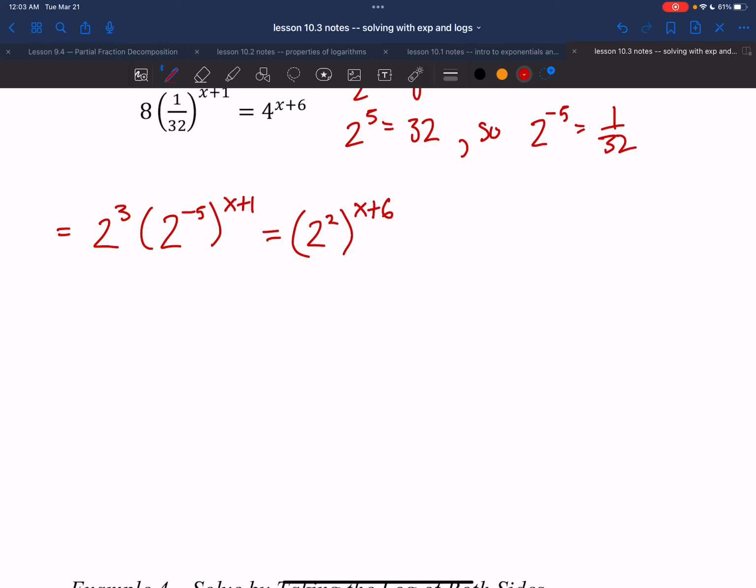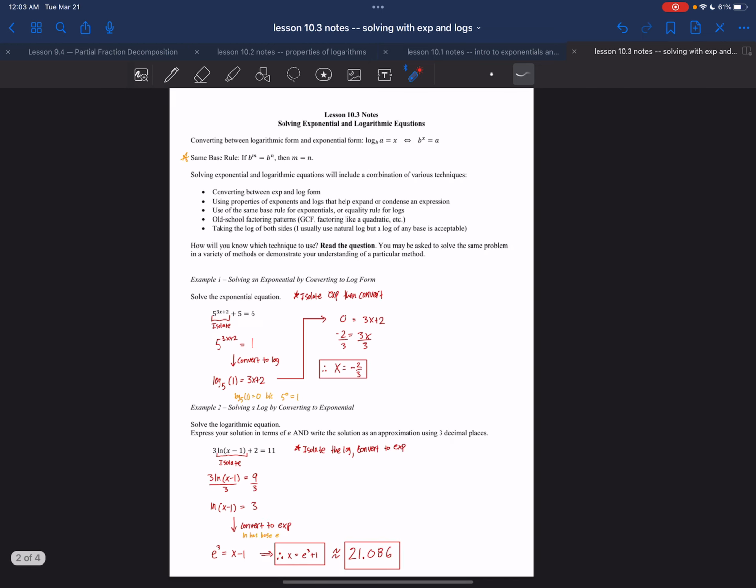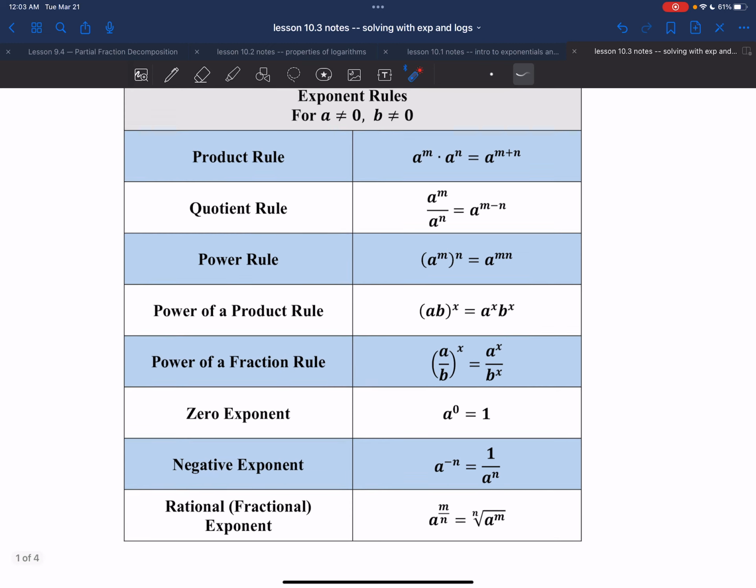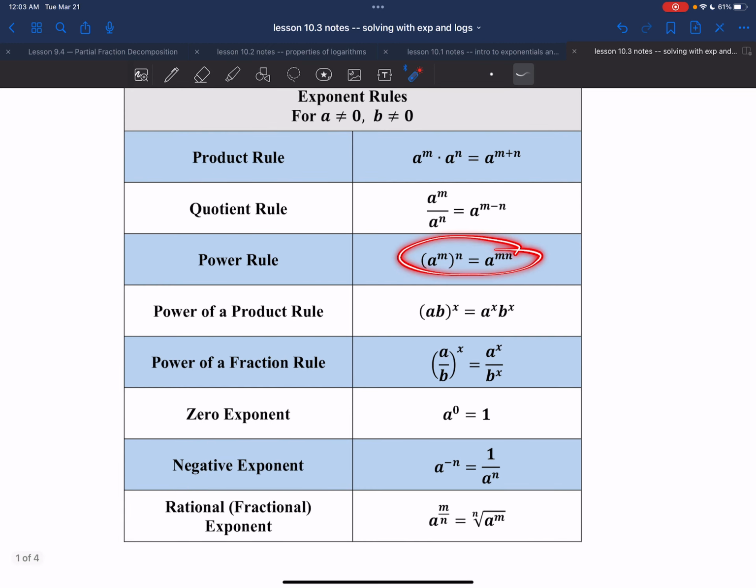Do the exponent rule first. When I say exponent rule, I mean exponent to an exponent. In particular, I'm talking about this one and this one. If you're not sure what I'm talking about, it's the power rule. Yeah, that's what I'm using right now.